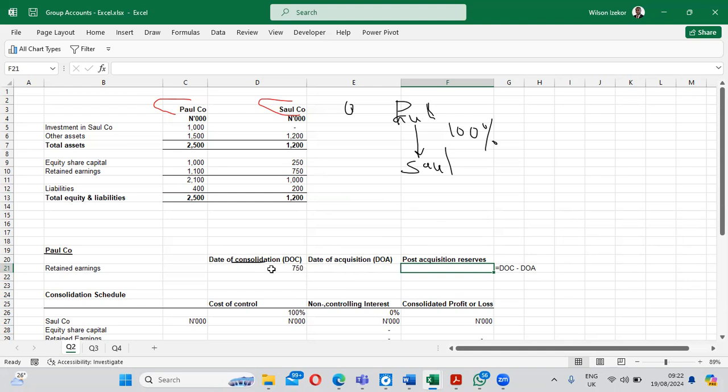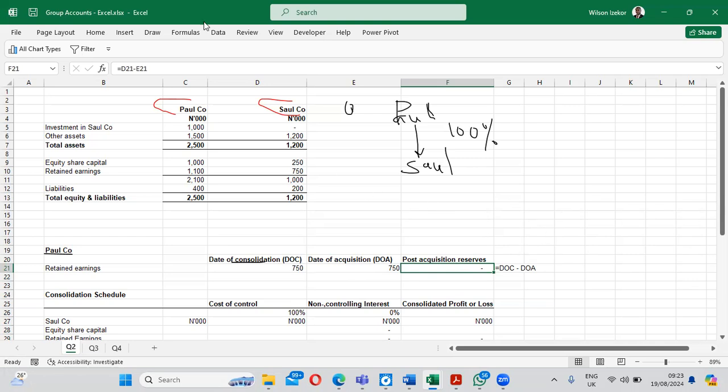So the date of acquisition and the date of consolidation are the same. So you pick the retained earnings at the date of consolidation as well, because it's still the same date as the date of acquisition. If you look for the difference between the retained earnings at the date of consolidation minus the retained earnings at the date of acquisition, that will give you 0. That means that our post-acquisition reserves is 0.